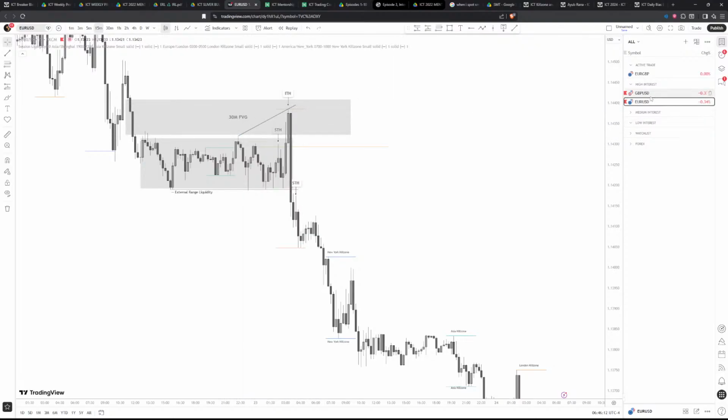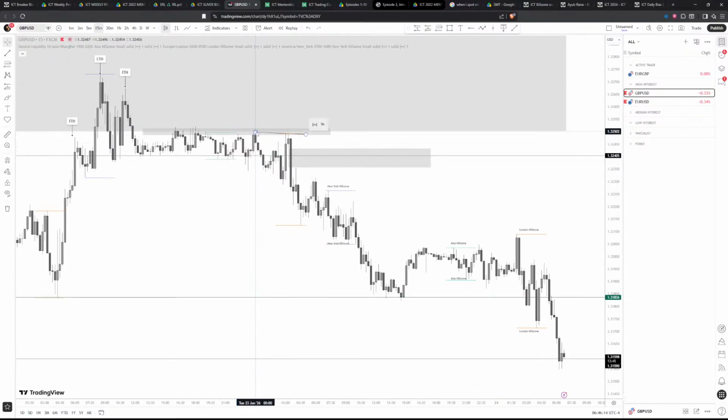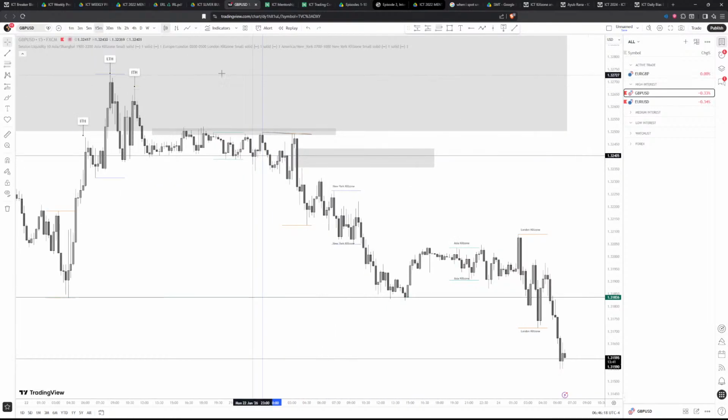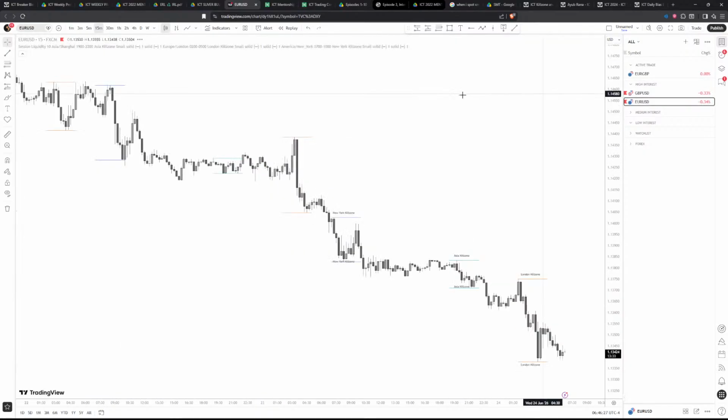EU created a higher high, GU created a lower high. For bearish, this was the long-term high, and this is the intermediate-term high, both of which we expect price not to close above. And the same would be for EU, this is the intermediate-term high, and we wouldn't expect price to come above just this.